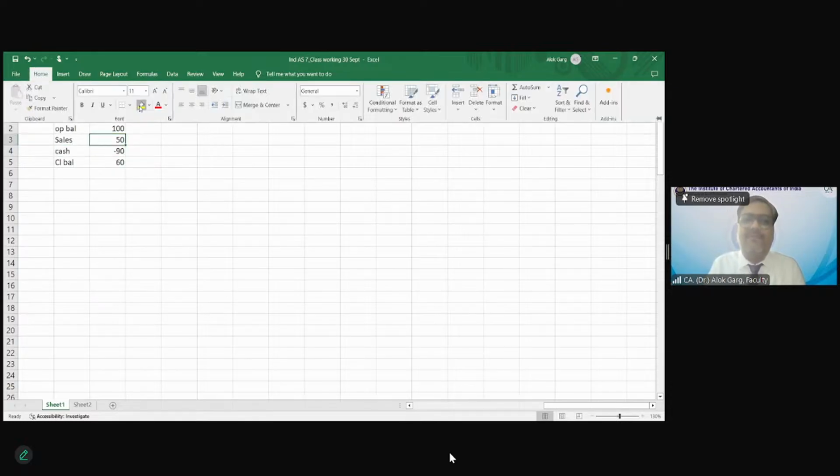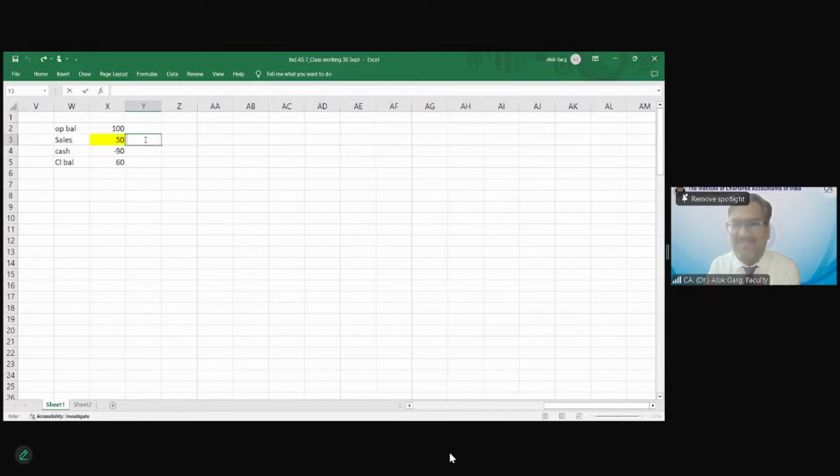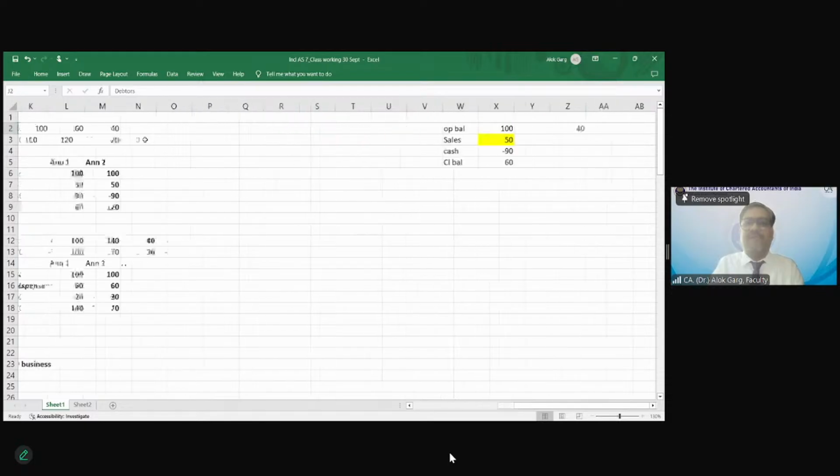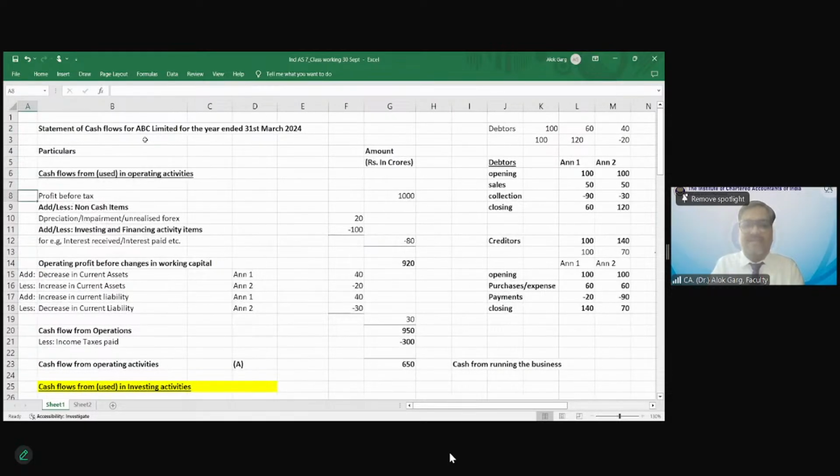It means I have to make an adjustment of 40 rupees through movement in working capital. And what is that 40 rupees? 90 minus 50, 40 rupees, which is also the difference between the opening balance and the closing balance. So friends, this decrease in current asset is increasing your cash flow.